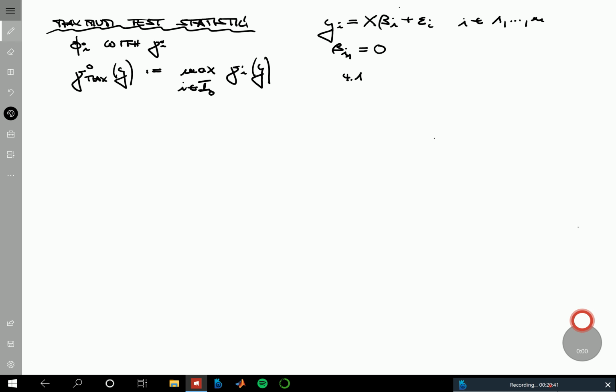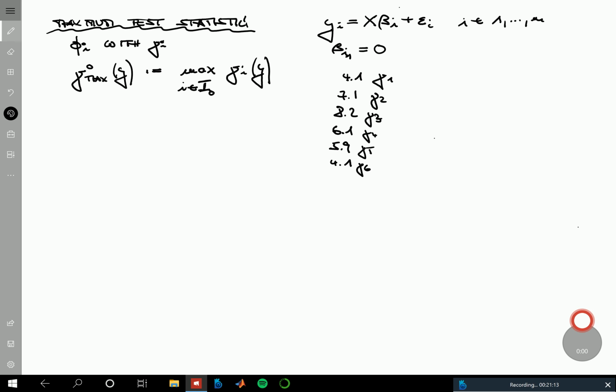We have 4.1, 7.1, 8.2, 6.1, 5.9, 4.1. So this would be a vector comprising all our t statistics: gamma 1, gamma 2, gamma 3, gamma 4, gamma 5, gamma 6.